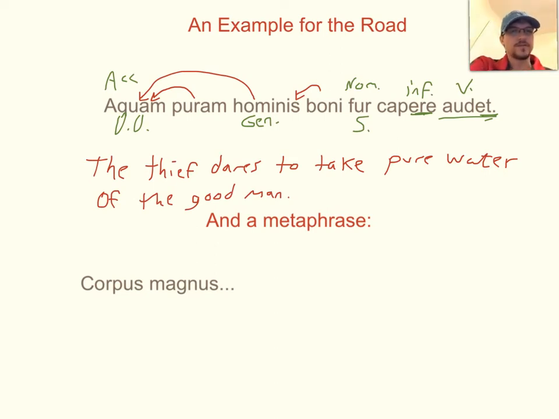Now, when we metaphrase, we see corpus magnus, and we say, well, they look like they agree. But if we look up corpus, we'll find out that it is neuter. Okay? This is, let me write the dictionary entry down here, I'll erase it afterwards so that it doesn't get in the way.